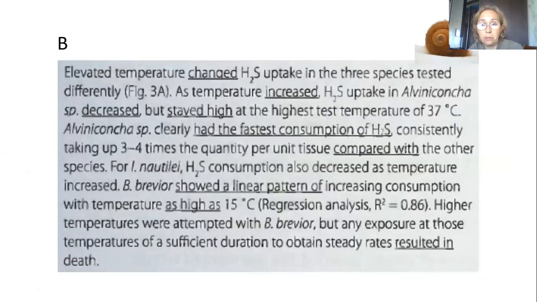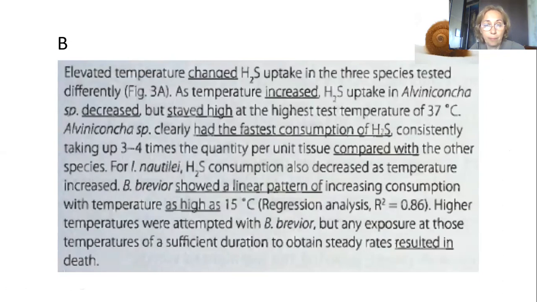Okay, and so we can look at extract B, and let us listen to Ardak. Read it, please. Elevated temperature changed H2S uptake in the 3 species tested differently, Figure 3A.